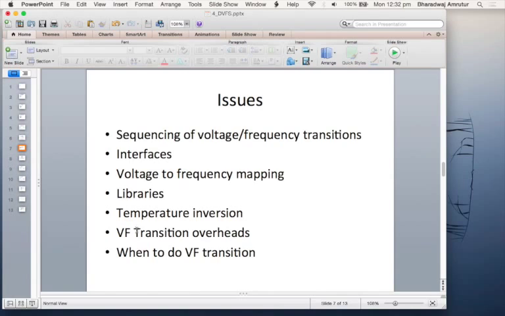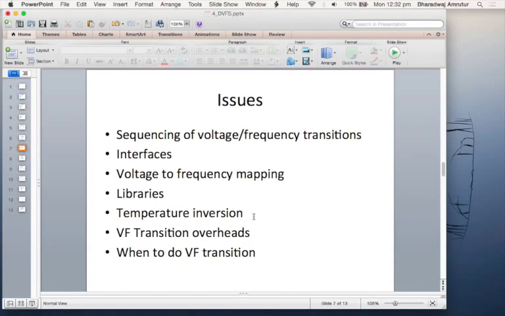To do that identification, you need libraries which will support you, standard cell libraries and libraries of other components. And sometimes you can have issues like temperature inversion, where the relationship of delay and voltage is different depending on the temperature, because the mobility and threshold voltage behave differently.